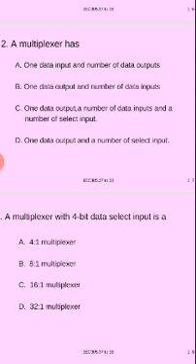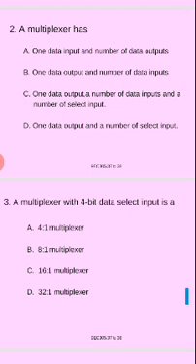A multiplexer with 4-bit data select input is: 4 to 1 multiplexer, 8 to 1 multiplexer, 16 to 1 multiplexer, 32 to 1 multiplexer.